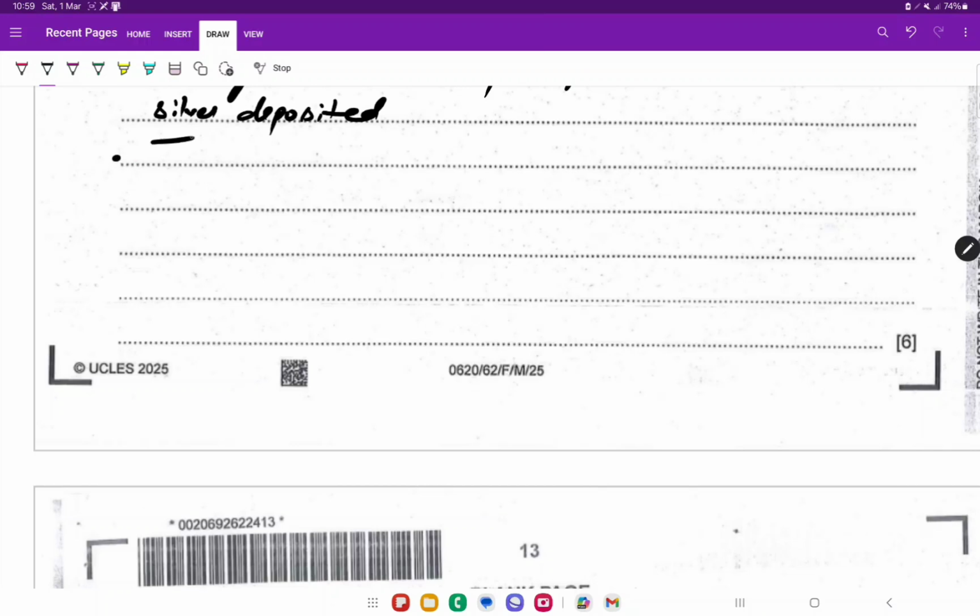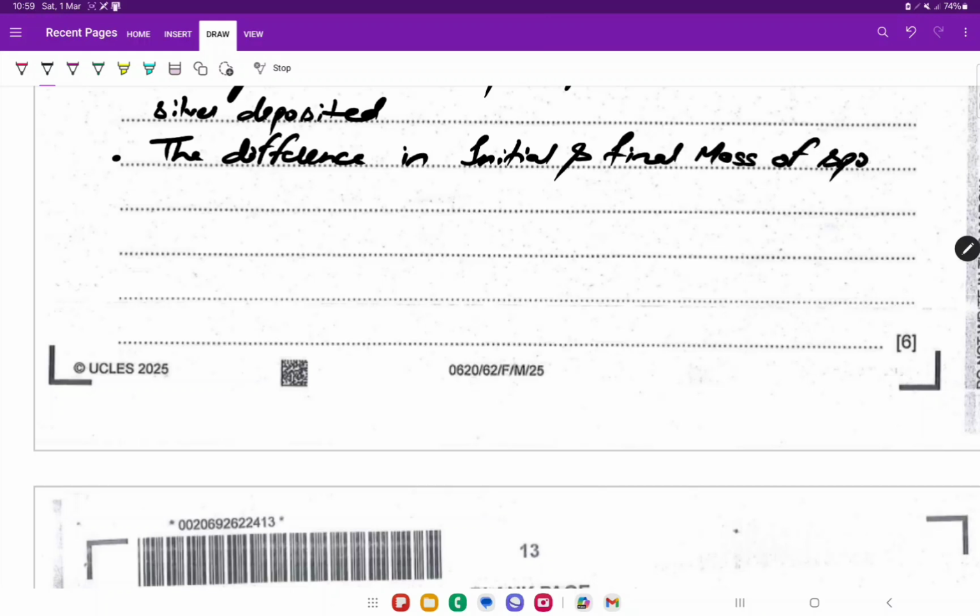The difference in the initial and final mass of the spoon will give the mass of silver deposited.